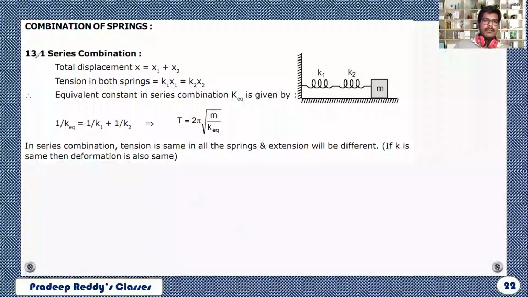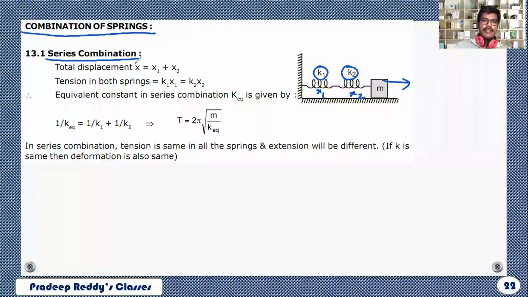So, combination of the springs, we already have discussed in the beginning of this video that springs can be either attached in series or parallel. So when springs are attached in series, these two springs of constant k1 and k2 are attached with each other such that m is moved right side. As a result, first spring may undergo elongation x1, second spring may undergo elongation x2.